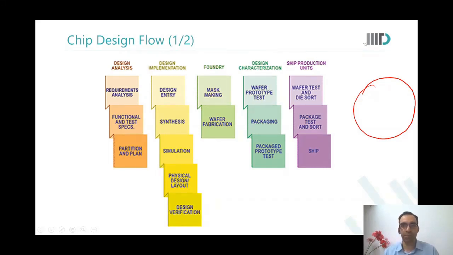Sir, what do you mean by the term characterization? Characterization essentially means what is the character of this. So characterization essentially means that I wanted to design a processor which would work at 1.2 gigahertz.